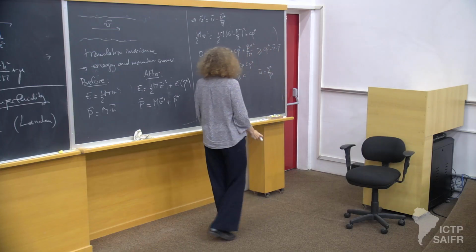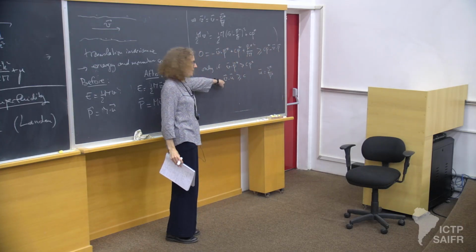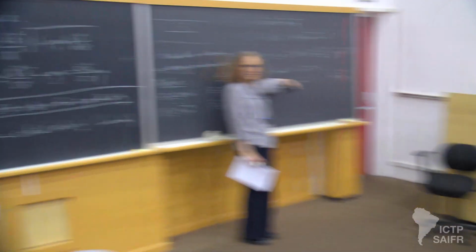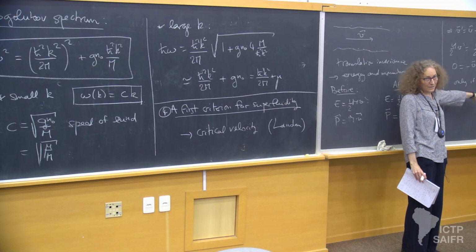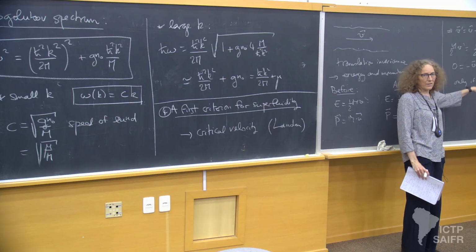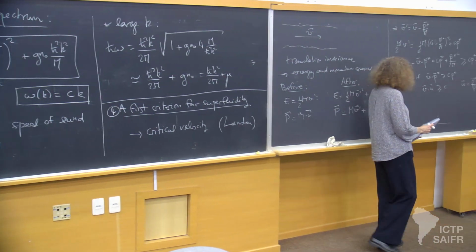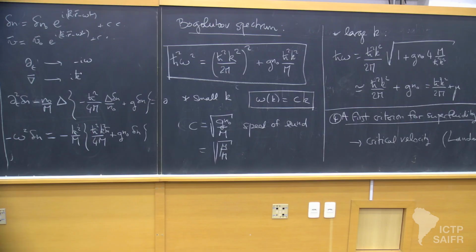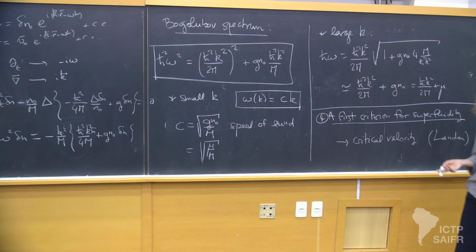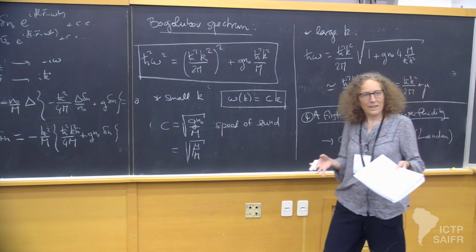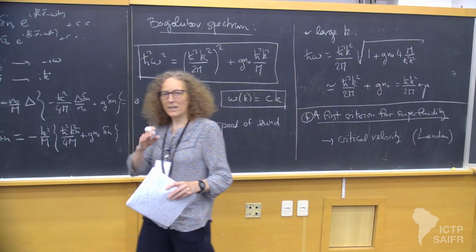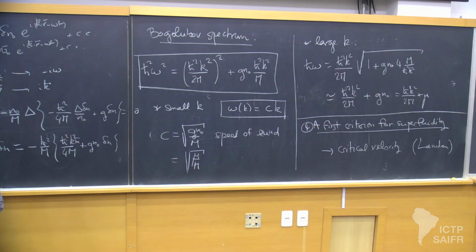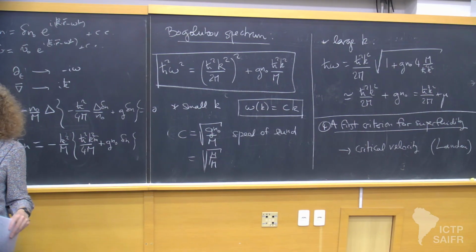So it means that my velocity along this axis should be larger than c. So the best choice is to have a v already along the direction of the excitation, but still the velocity of the fluid should be larger than c, otherwise I cannot create excitations. So this is a superfluid with the Landau criterion on the velocity, in the sense that there exists a critical velocity below which you will have no dissipation.